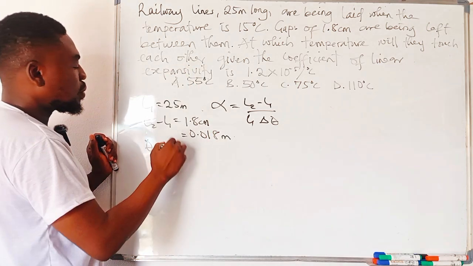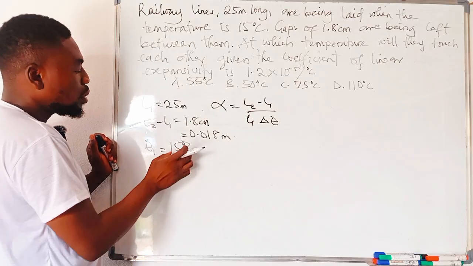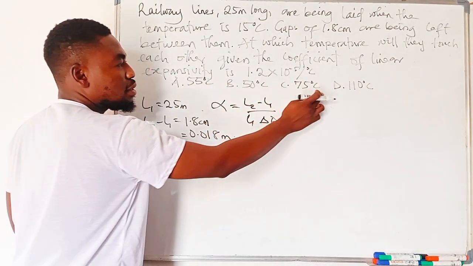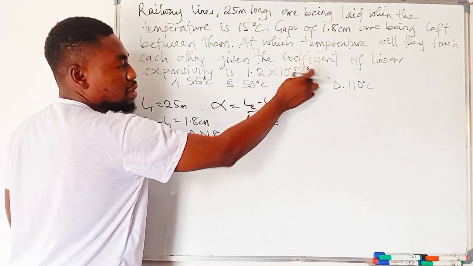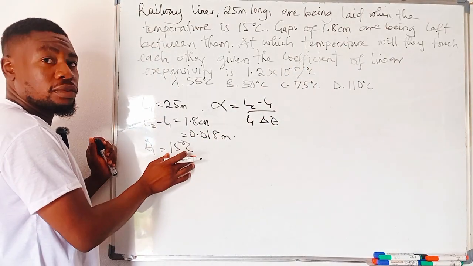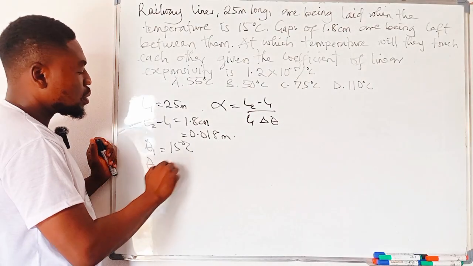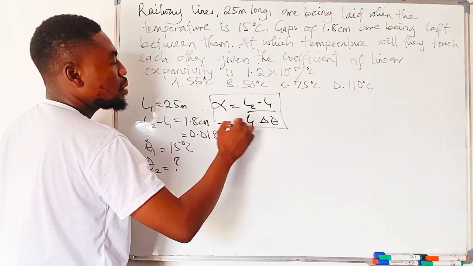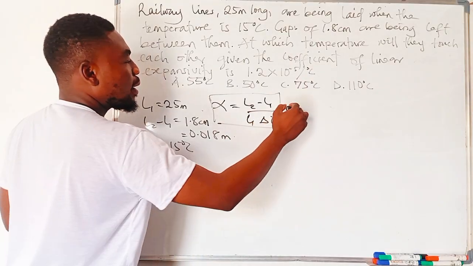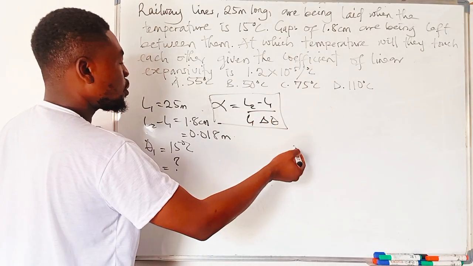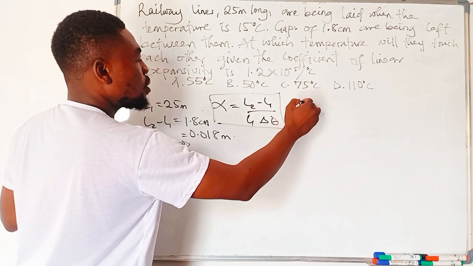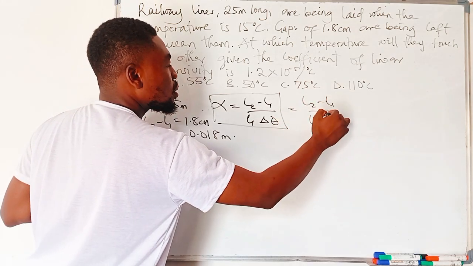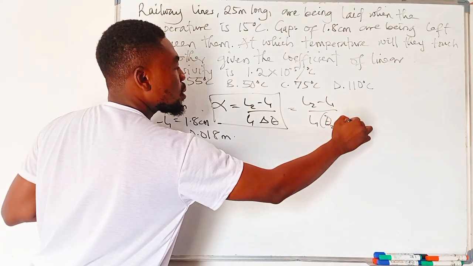What else do we have? Theta 1 is 15 degrees Celsius. We are supposed to change this to Kelvin, but notice that our answers are in degrees Celsius and this is also per degree Celsius, so we can solve it using this. Theta 2 is what we're looking for. So let's make theta 2 the subject of the formula. The change in theta means theta 2 minus theta 1.